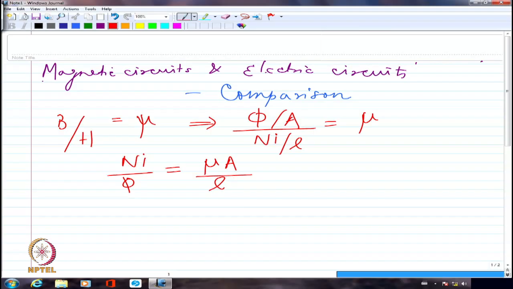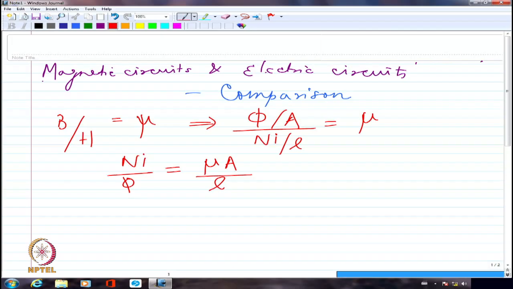Okay. So this is essentially something called reluctance, which is equivalent to the resistance in the case of an electric circuit. So if I have an electric circuit which is excited by a voltage source V, I'm going to have a current flowing through the electric circuit, which will be less if the resistance is more, and it will be more if the resistance is less.